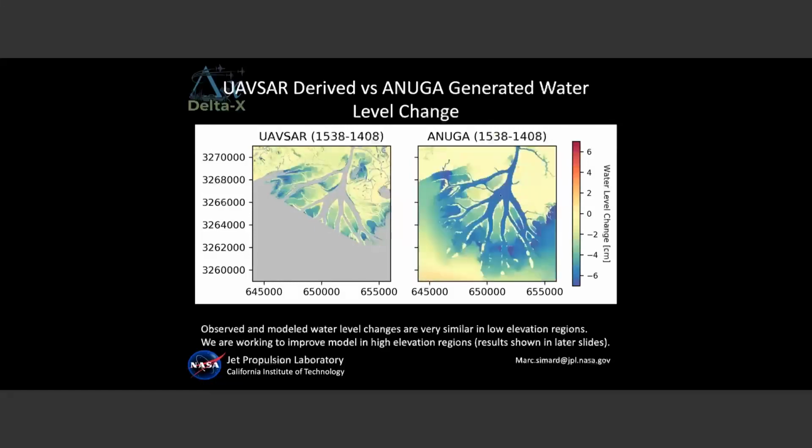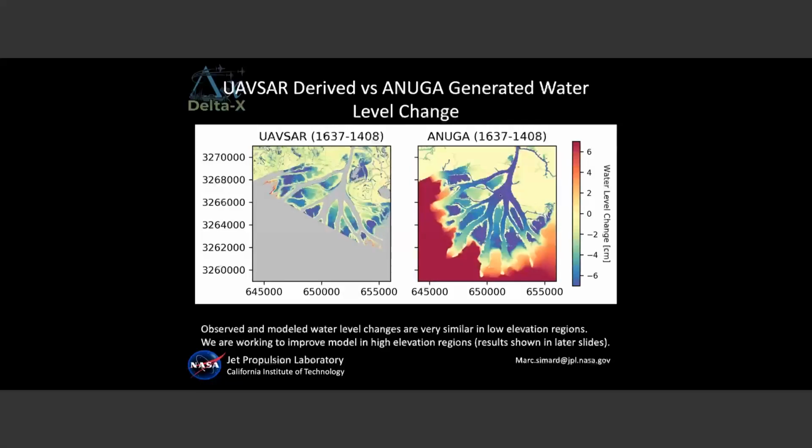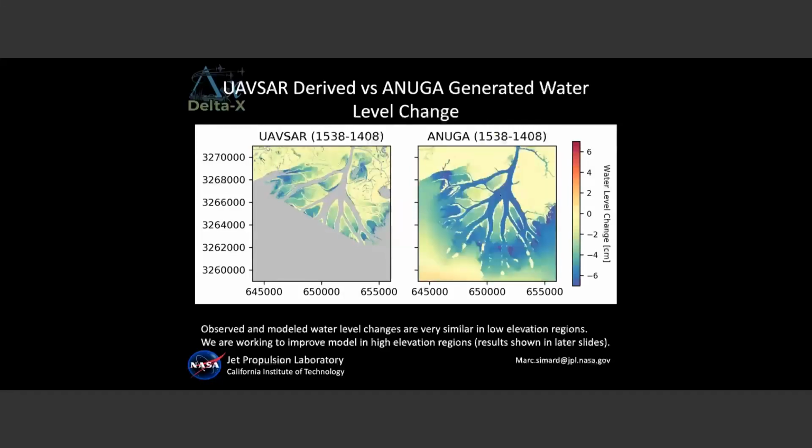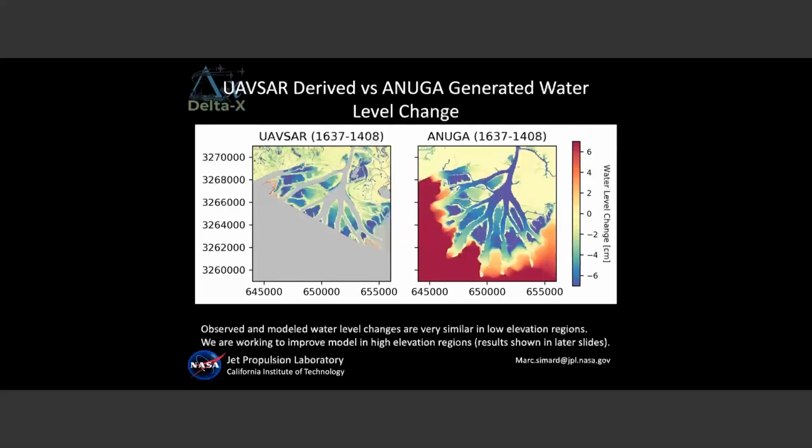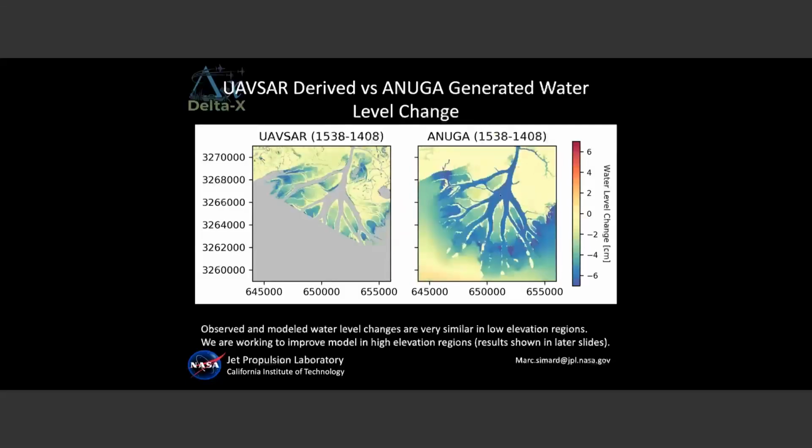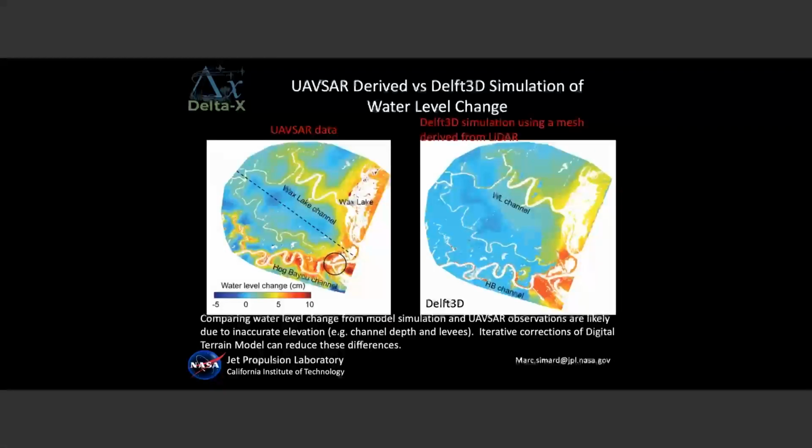The bathymetry is not perfect from the DEMs that we have, so we can use the UAVSAR measurements to improve our bathymetry. And this is an example here of one of the areas. So this is a measurement from UAVSAR and the corresponding hydrodynamic model output.